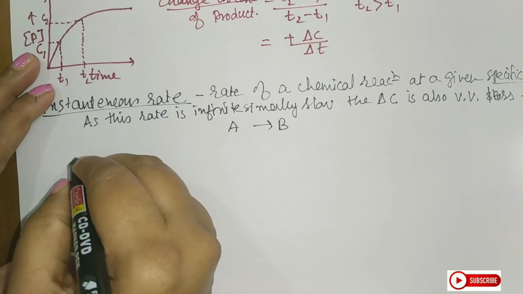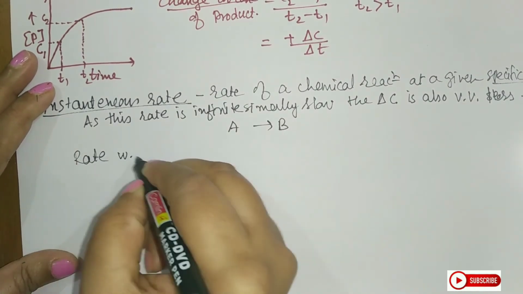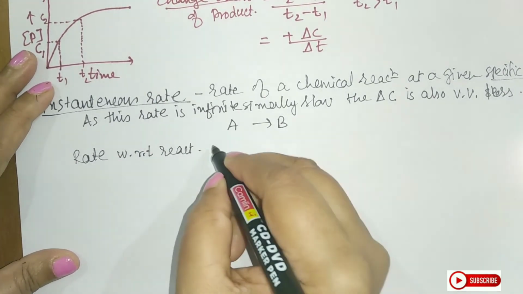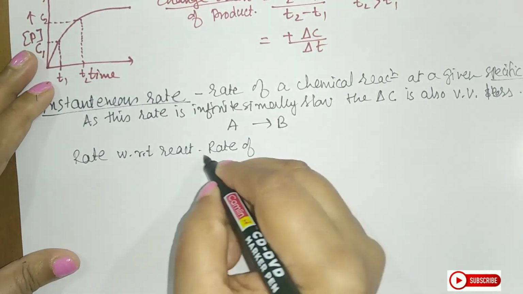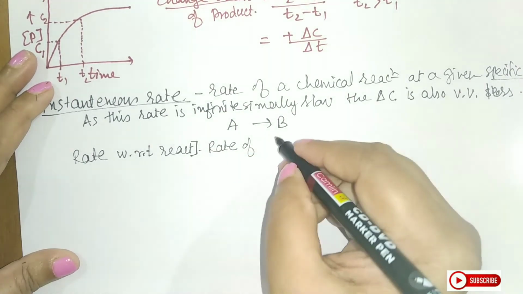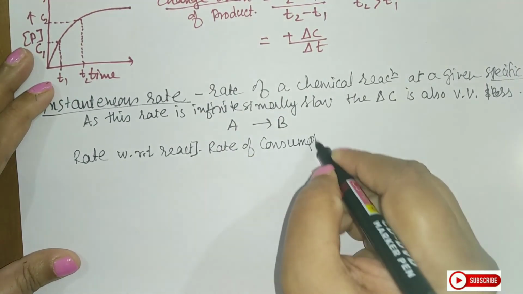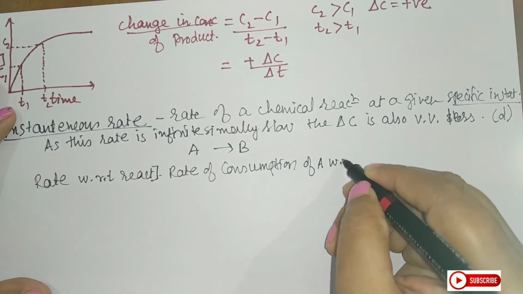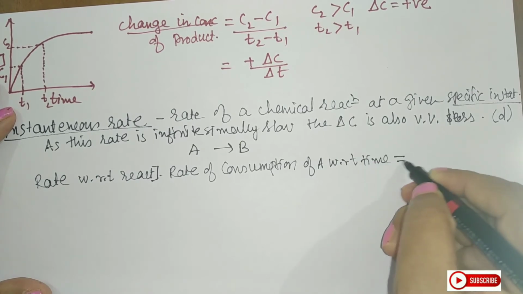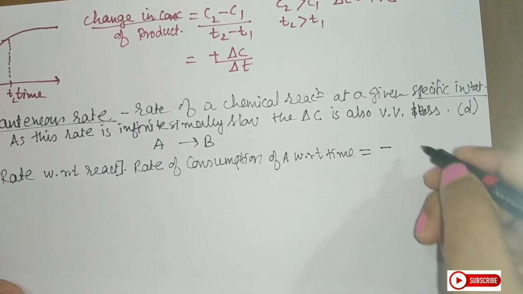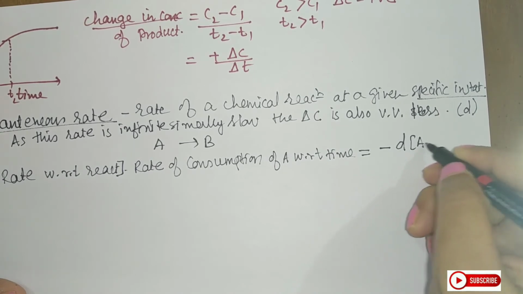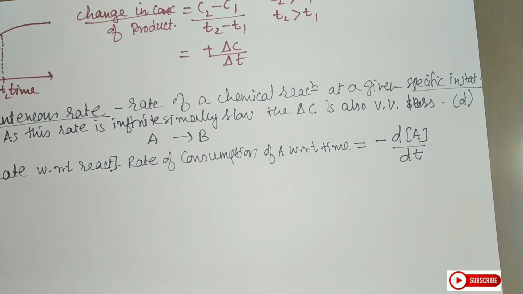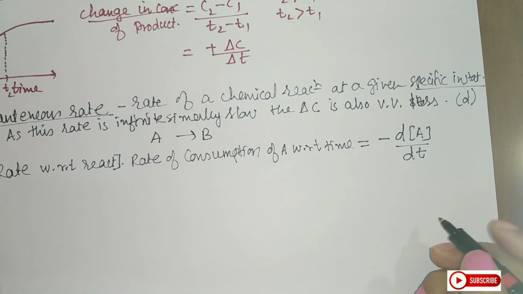So here let us write the rate with respect to the reactant. The words I can use here are the rate of consumption or disappearance of A with respect to time, with a minus sign. Now I'll be using d concentration A by dt. This is an easy way to write, and we prefer to use instantaneous rate for most of the reactions.